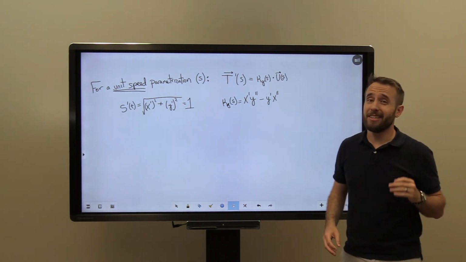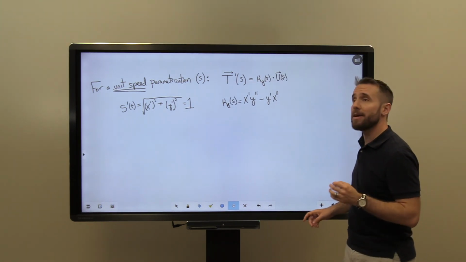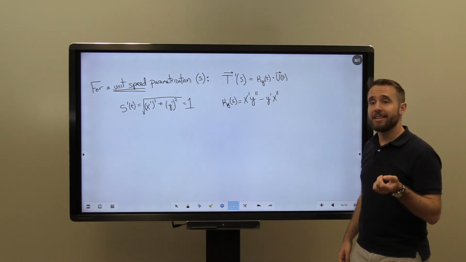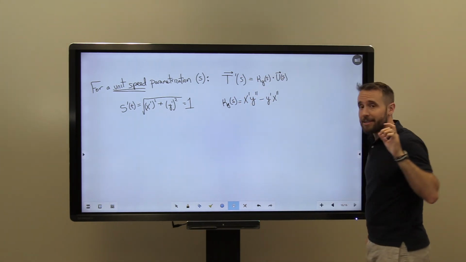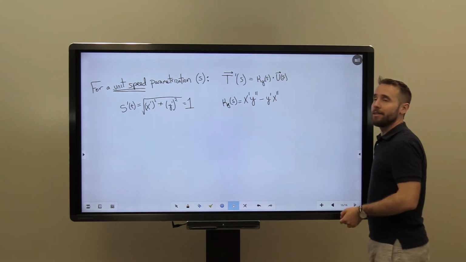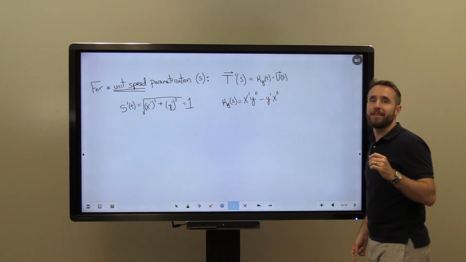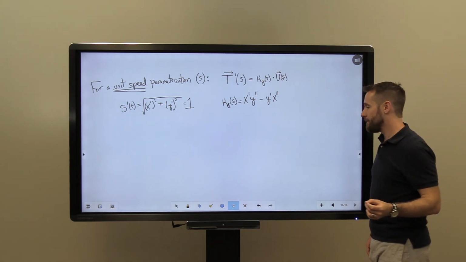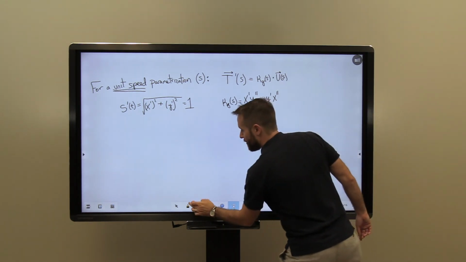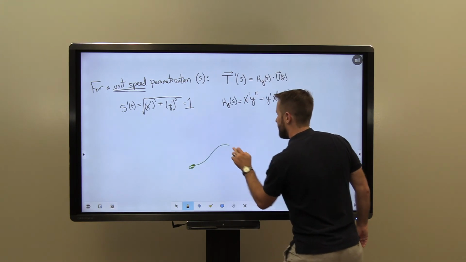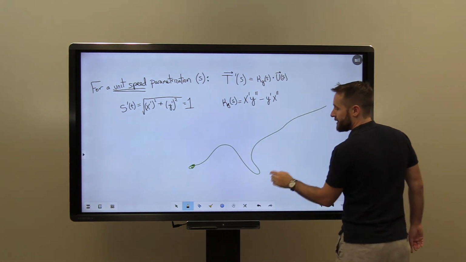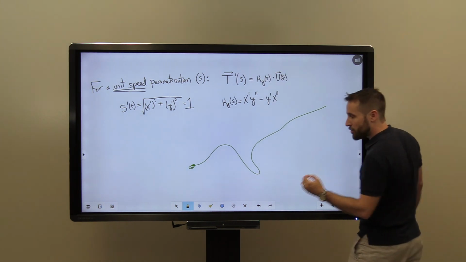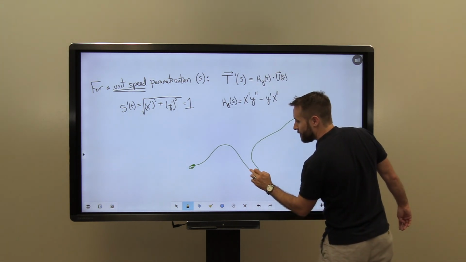And this really does answer that final question, especially looking up here. What we are now seeing is that the curvature is intrinsically linked to T prime, how quickly our unit tangent vector is changing. And as we've seen, if we have an area of high curvature, let's say like this area right here, the unit tangent vector will change very, very rapidly.